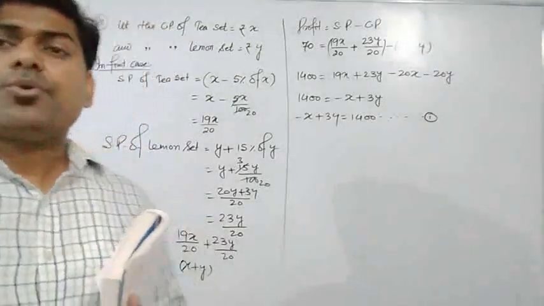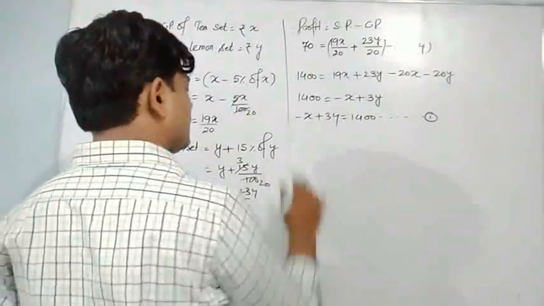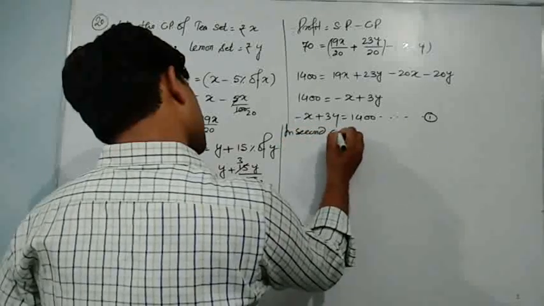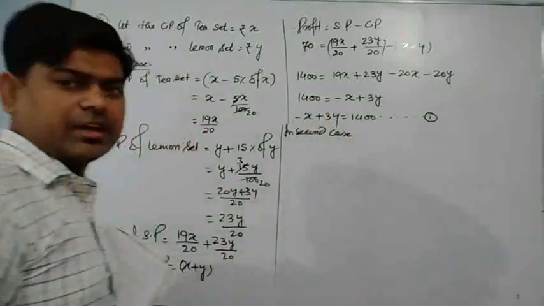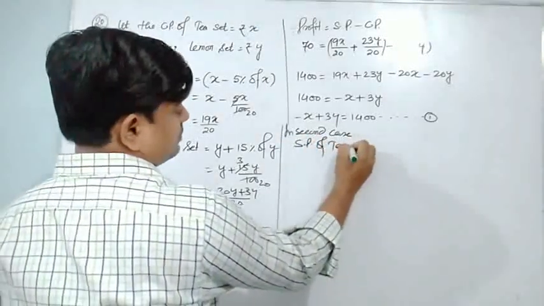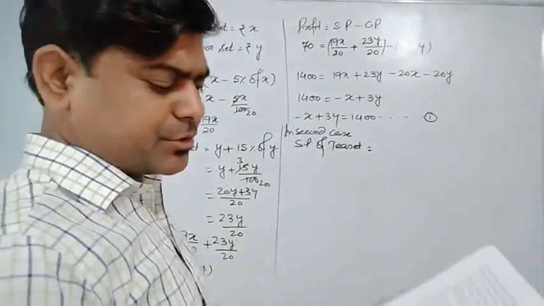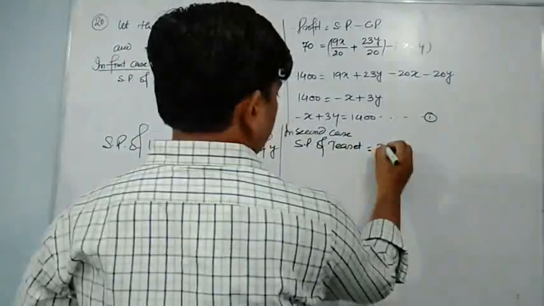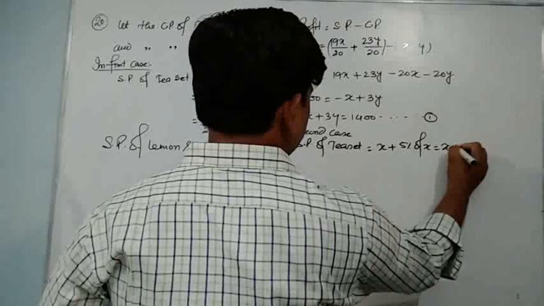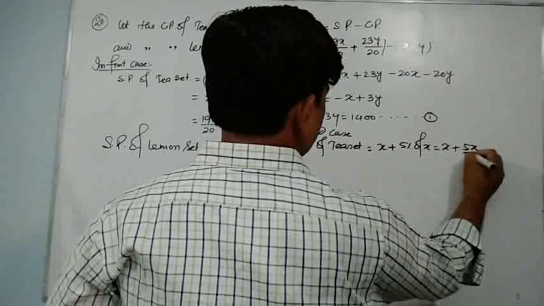In the same way, when we are talking about the second case, what will be the SP of T set? Now I am getting 5% gain and 10% gain on both. So I can write X plus 5% of X. It can be X plus 5X upon 100.